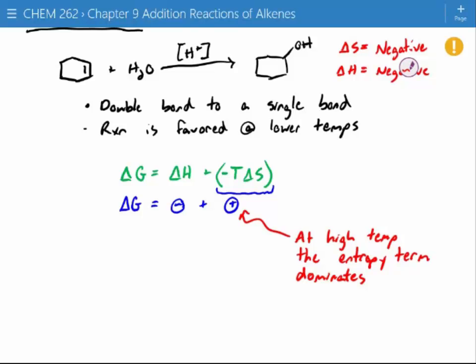But at low temperatures, will that entropy term dominate? If we run T close to 0, that term is going to become smaller and smaller. And then our enthalpy term will become the dominant factor. So at low temp, enthalpy term dominates.